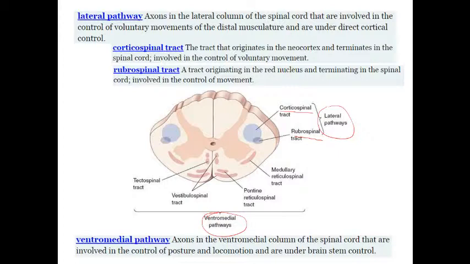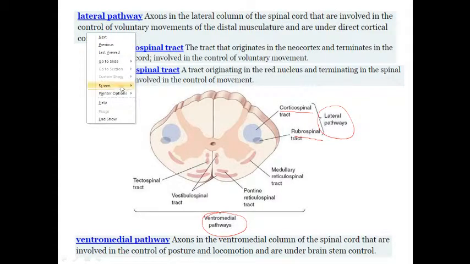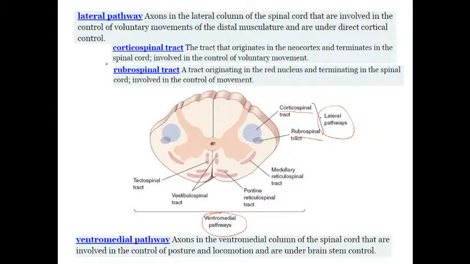Actually, the easier way to answer your question is to answer the second part first. What type of information is conveyed in both the lateral pathways and the ventromedial pathways? So all of that is motor information. The lateral pathways control voluntary motor movements of distal musculature that are under direct cortical control, and the ventromedial pathway is involved in control of posture and locomotion, under control of the brainstem.